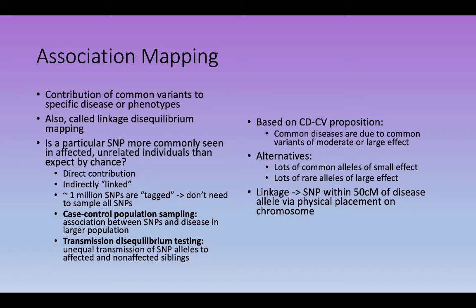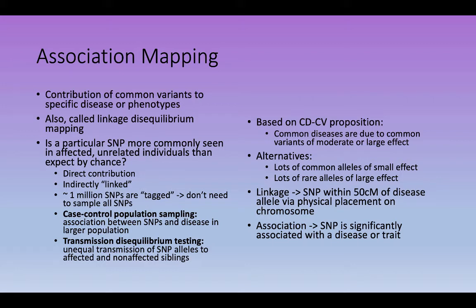Here, one of the things that we're looking at is we're trying to find a SNP that is associated with a specific outcome, and then by linkage, we're saying that the disease allele is somewhere within 5 centimorgans of that SNP. The association approach is a little bit different.